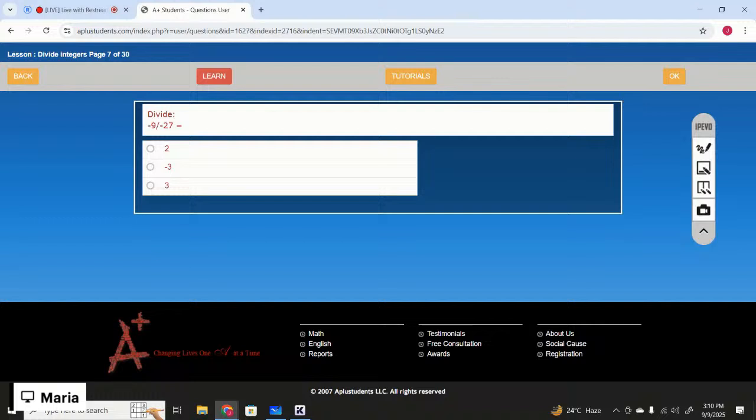Negative 27 divided by negative 9. So both the numbers are negative, the answer must be positive. So negative 9 times 3 is negative 27. Option number 3 is the correct option.